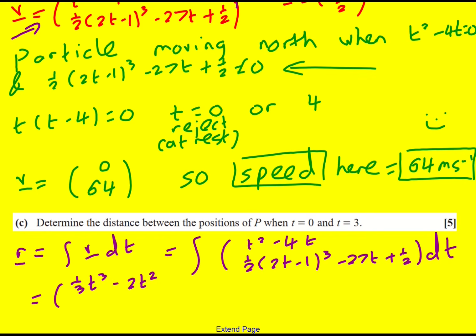So increase the power by 1, divide by the new power. Gives 1 over 8, and then divide by 2, so I'm going to get 1 over 16. You can always check back, like if I differentiate, I would times by 4, I would times by 2, that would take me back to a half, I'd lower the power. Yeah, that's correct. And over here, I'm going to get minus 27 over 2 t squared plus a half t. Don't forget there is another constant.